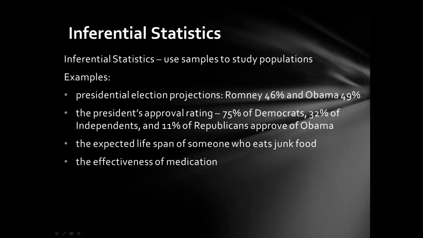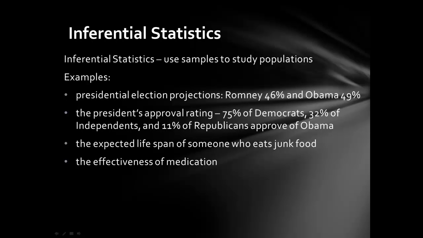So in January 2014, Gallup did a poll that showed that 75% of Democrats approve of President Obama, 32% of independents approve of President Obama, and 11% of Republicans approve of President Obama. Well, again, they never asked me, probably didn't ask you. They asked a sample of 3,563 people, and then they used those findings to extrapolate what they expect to see in the population.